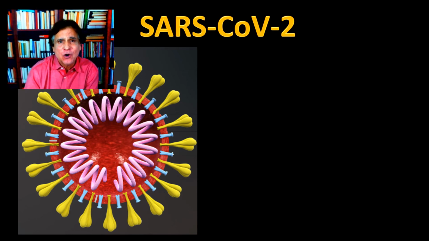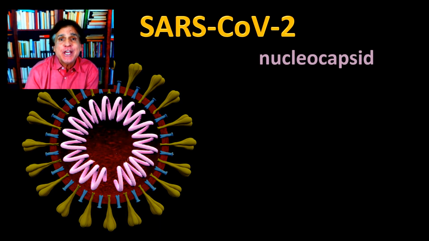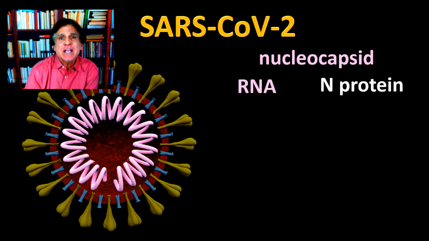Within this hollow is a helical structure called a nucleocapsid. Now, the nucleocapsid is made of two parts. One is the RNA, and the other is what's called the N protein. It's another structural protein which twists the RNA into this coiled or helical shape.